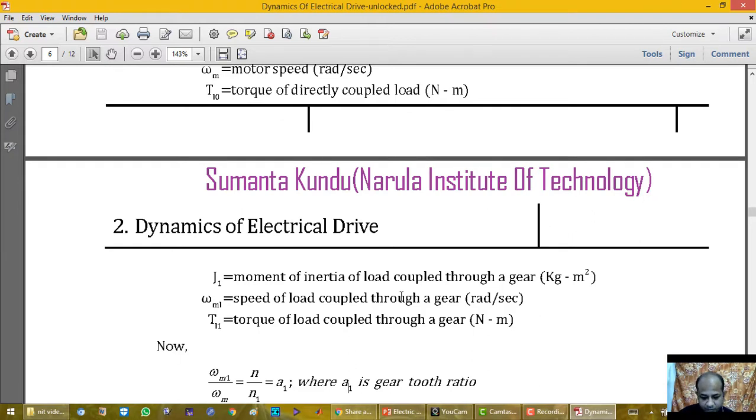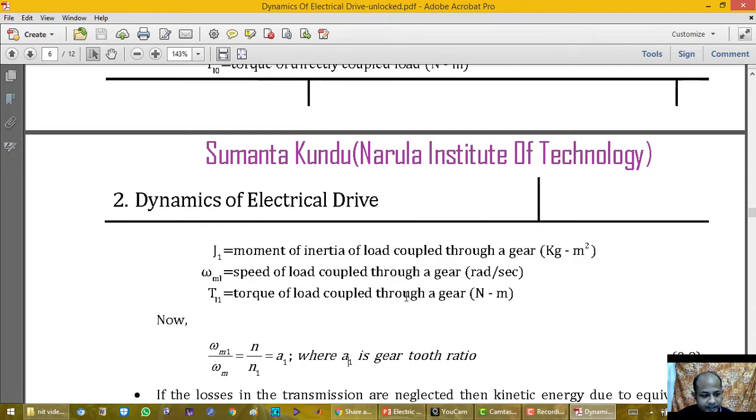Now, this is basically a concept of mechanical engineering, that we can define A1 as gear ratio.